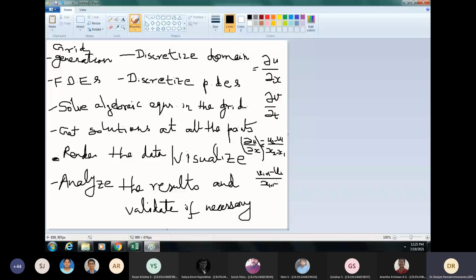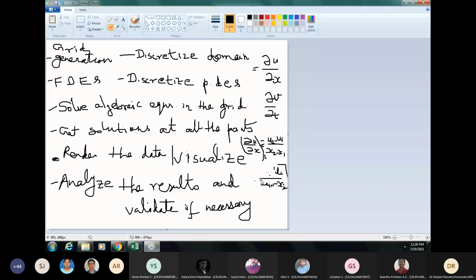So such kind of thing, what you do, you substitute for dou u by dou x, only this one. Then if you have dou squared u by dou x squared, something like this you do. Okay. So finally it becomes algebraic equation at a point I. You substitute all these such variables. For example, when you have the continuity, what is that equation, continuity? Dou u by dou x plus dou v by dou y plus dou w by dou z is 0.